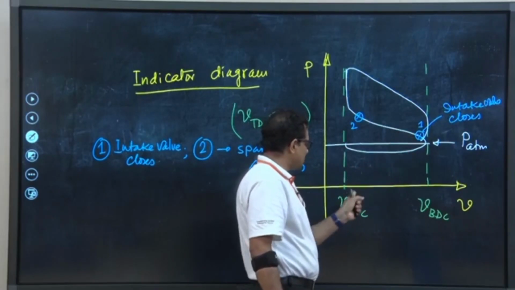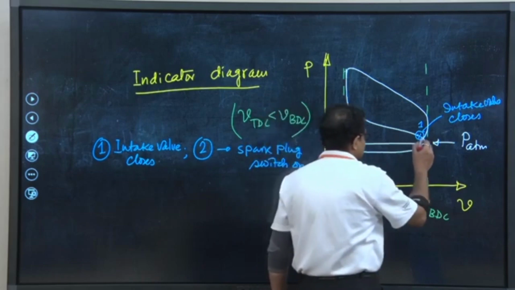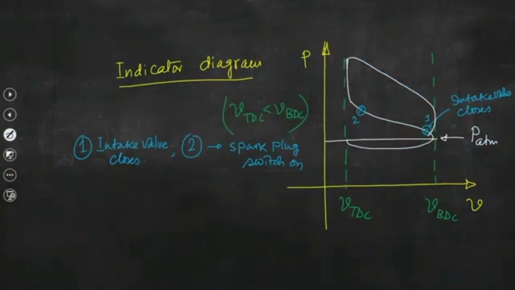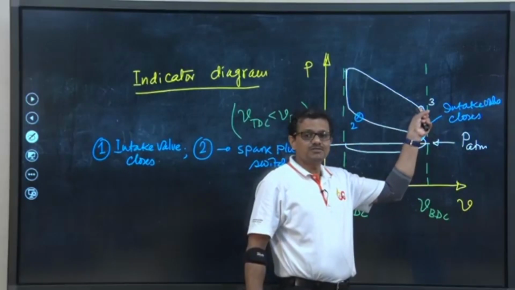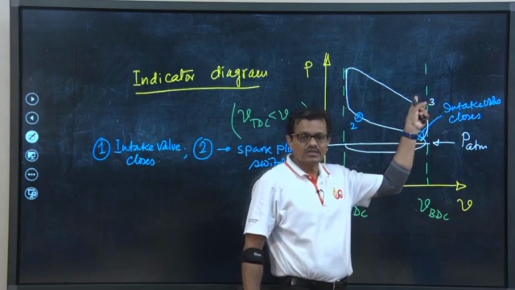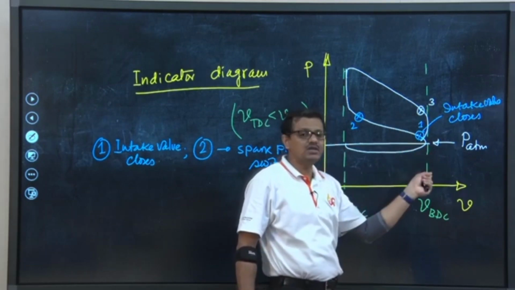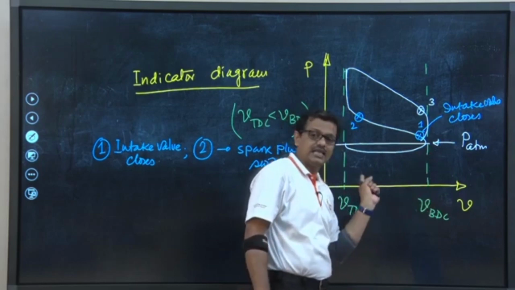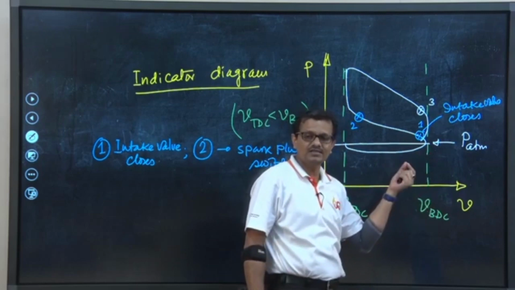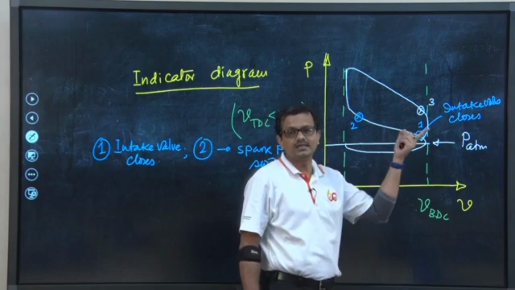When piston is travelling towards TDC, we need to open the exhaust valve. So, this is 3. Before reaching piston at BDC, exhaust valve is allowed to open, so that the pressure inside the cylinder will reduce, and when piston is coming back from BDC to TDC again during exhaust stroke, we will face relatively lesser resistance.